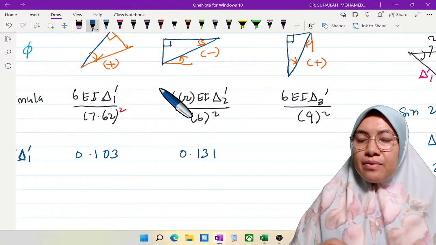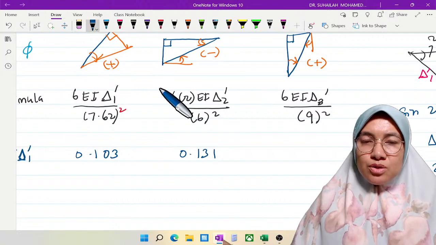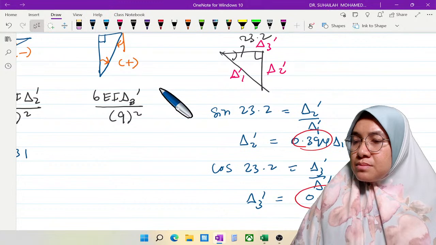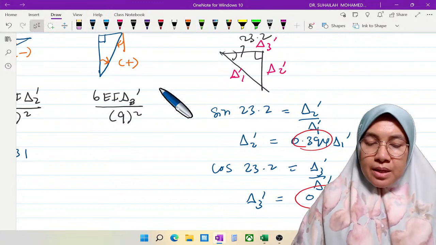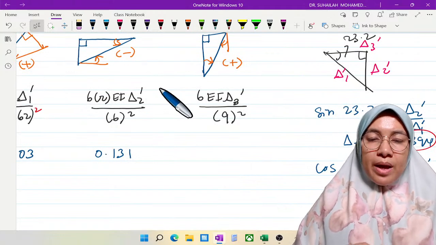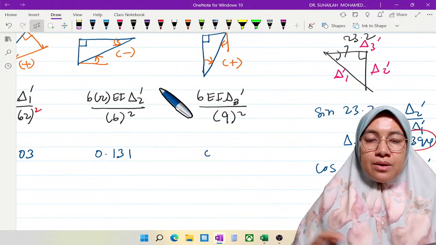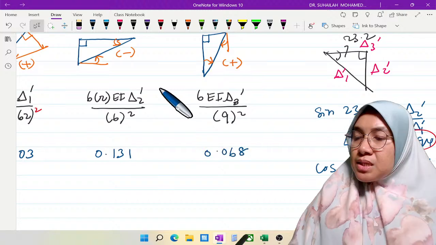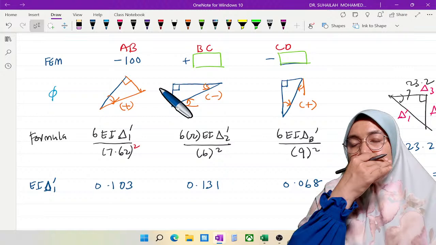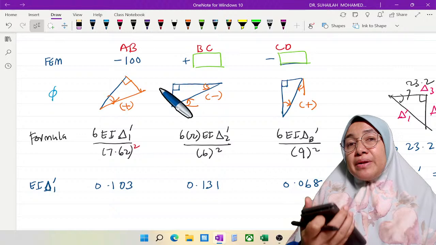Okay, then the ratio for the last one is 6 times 0.919 divided by 9 squared. So we get here 0.068. Okay, so from this, we will calculate back the FEM for BC and CD using ratio.